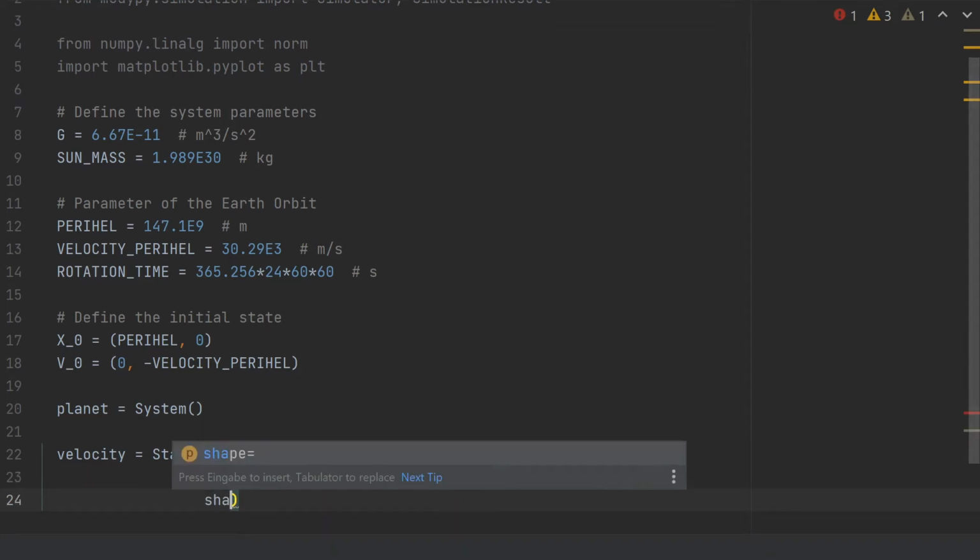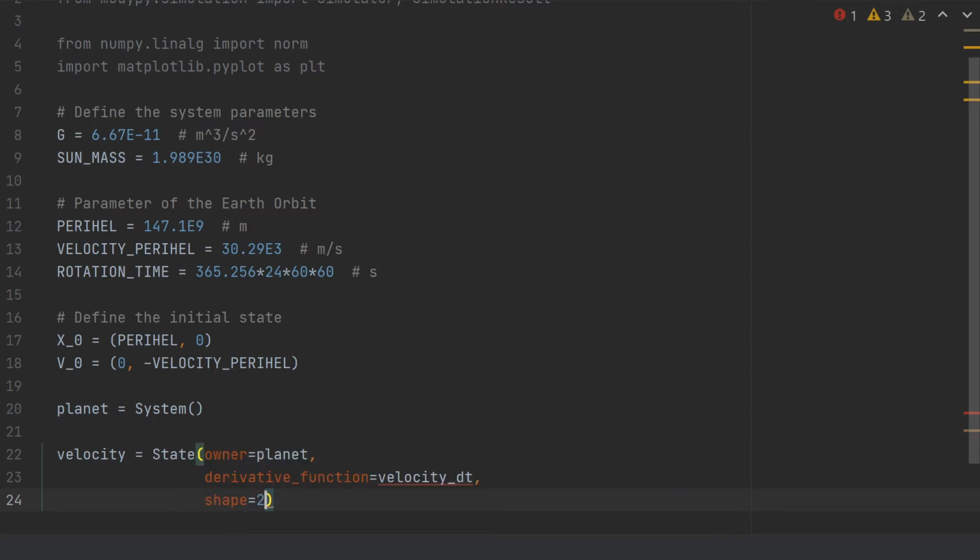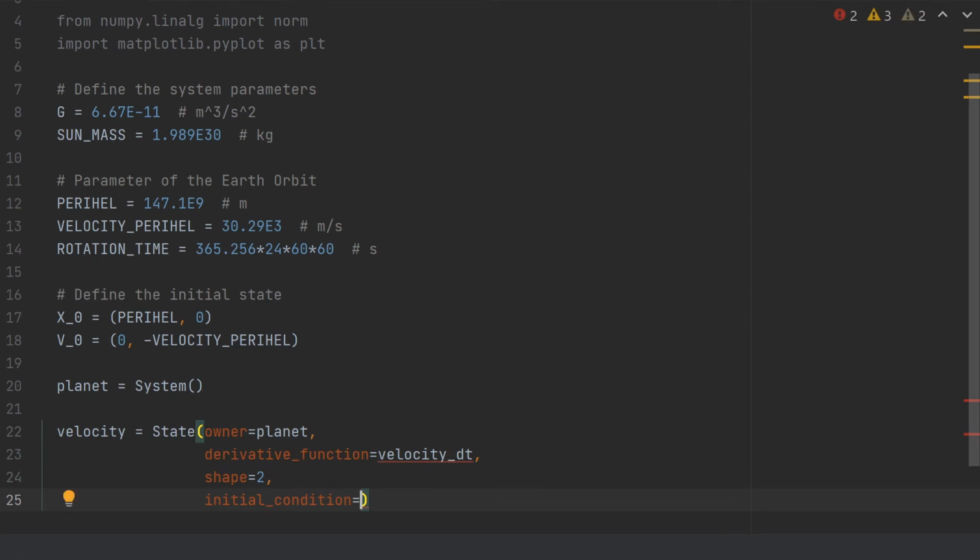Its shape is 2, which identifies a vector of dimension 2. You can define other shapes, such as matrices. For example, this would be a 3x3 matrix, or any other form of tensor by adding additional dimensions here. For us, the shape is 2 for a two-dimensional vector. And the initial value is V0.